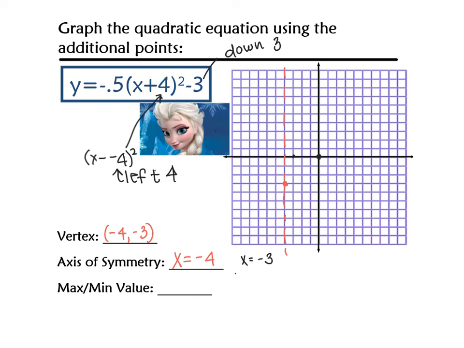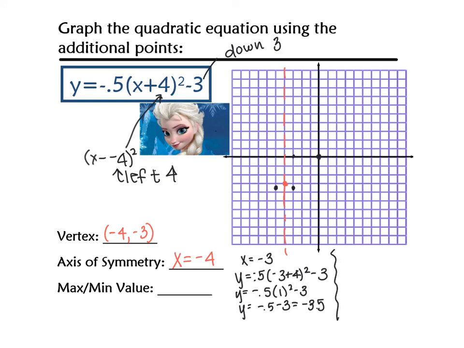And so you are going to take that x, plug it into your equation, and solve to get the y value. And once you solve, you should get the point negative 3, negative 3.5. So if I graph that, that's right here. If I mirror it to the other side, here.